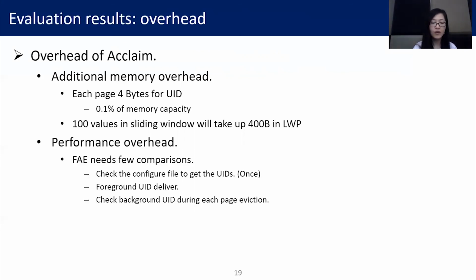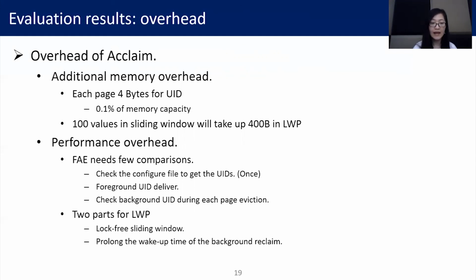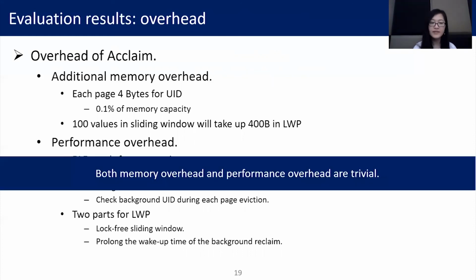For performance overhead, FAE only needs a few comparisons, and LWP has 2 parts of overhead: the lock-free sliding window, and it could prolong the wake-up time of background reclaim. Based on this data, both memory overhead and performance overhead are trivial.